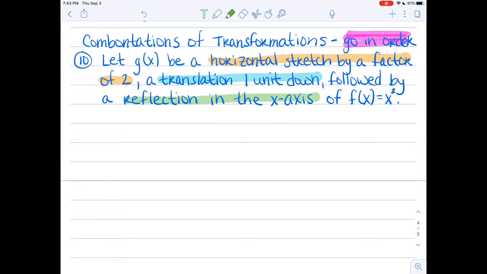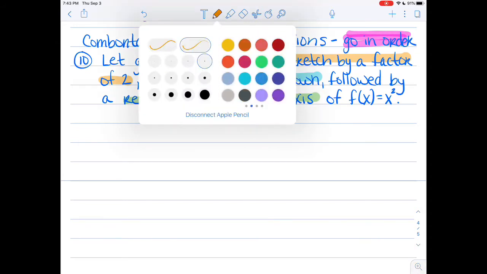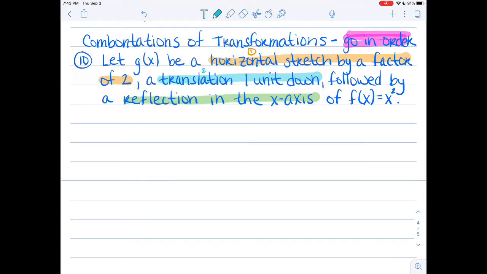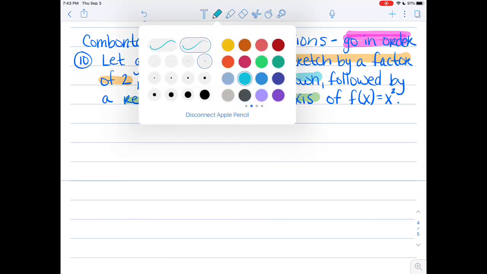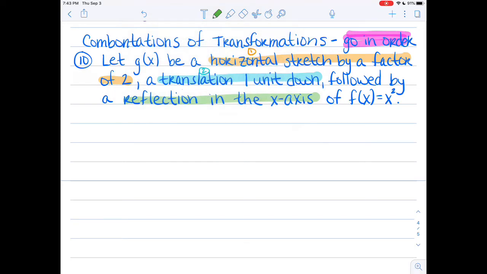So it looks to me like we have 3 different transformations. I'm going to go ahead and number them. I'm going to call this one number 1, and I will call the next one number 2, and finally we have number 3. All right, our final transformation is supposed to be called g of x.